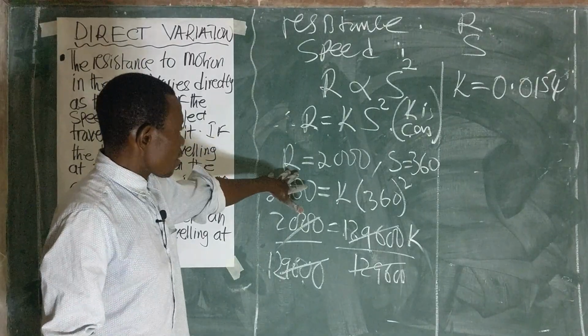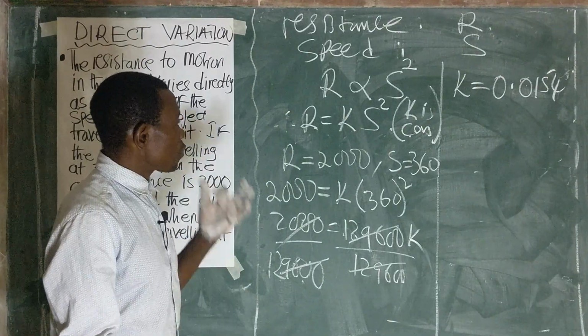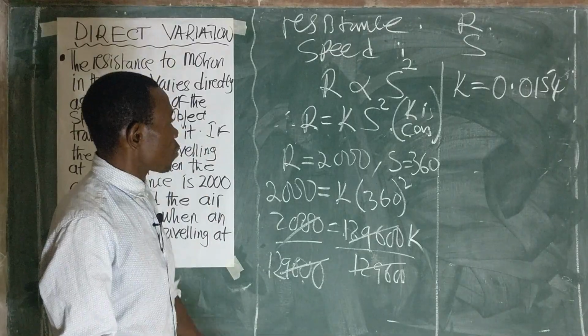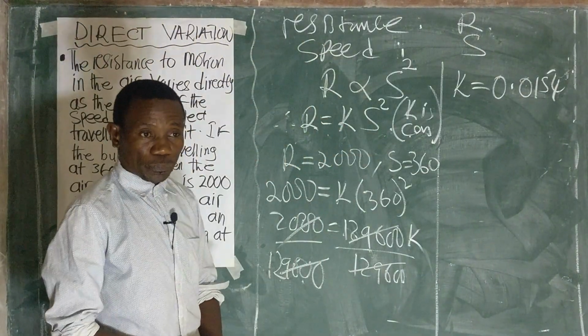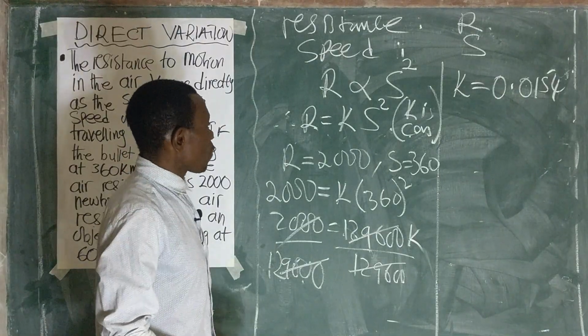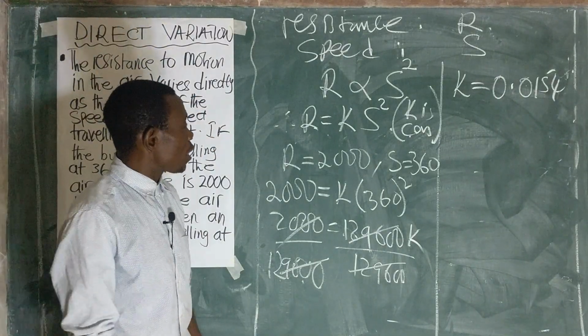So in this relationship, the constant of proportionality is 0.0154. Having done that, let us now come up with a complete proportionality equation.